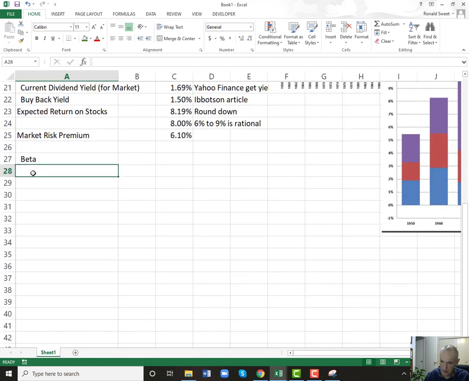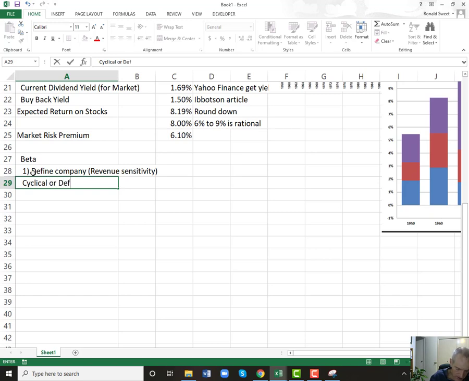Remember on beta, it's the process discussed in the notes, but the first thing you're going to do is define your company by looking at their revenue sensitivity. And then you're asking the question, is it a cyclical company or a defensive company?